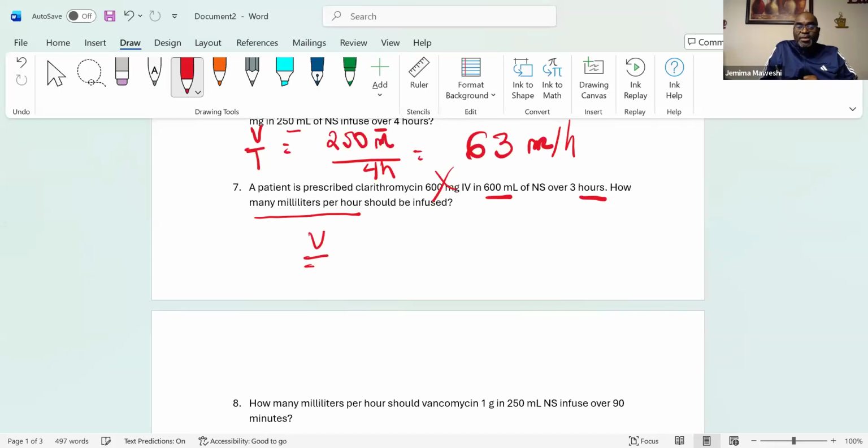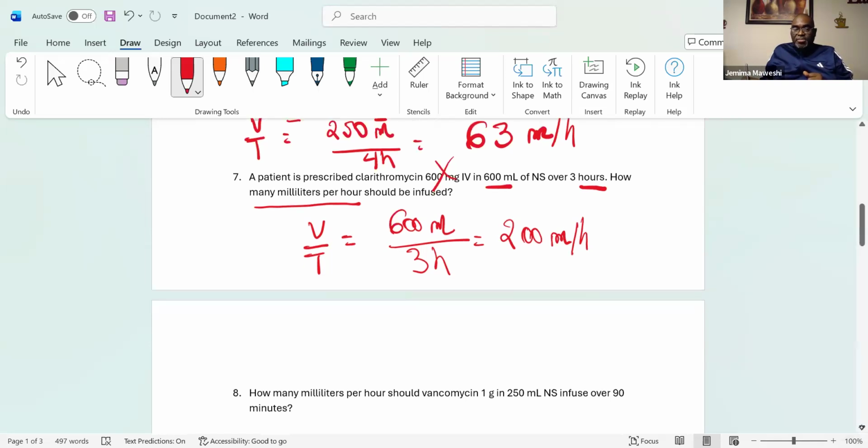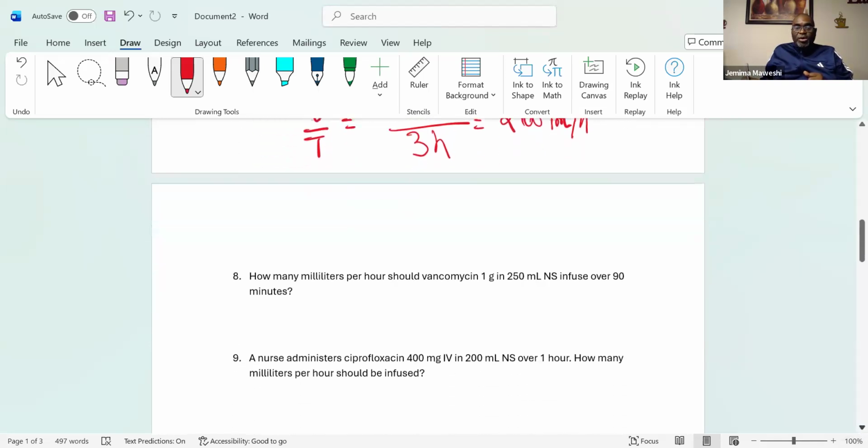Volume over time: 600 milliliter over 3 hours, so now you have 200 milliliter per hour. You see? So this is our practice makes perfect. So what are we looking for here?